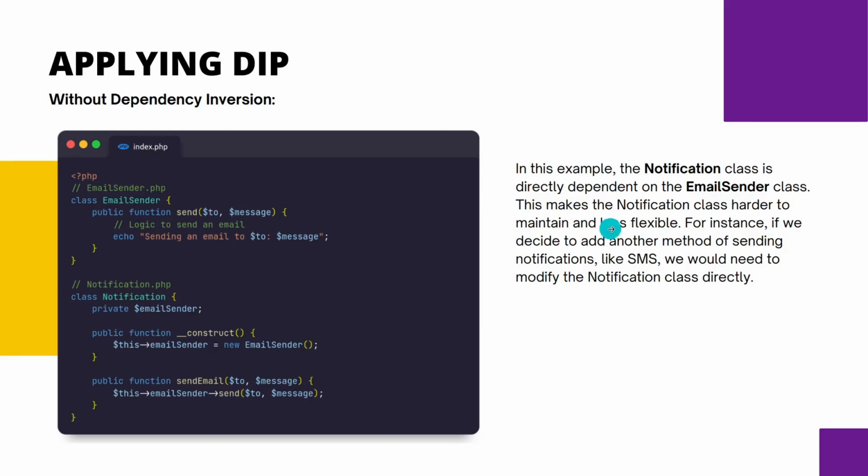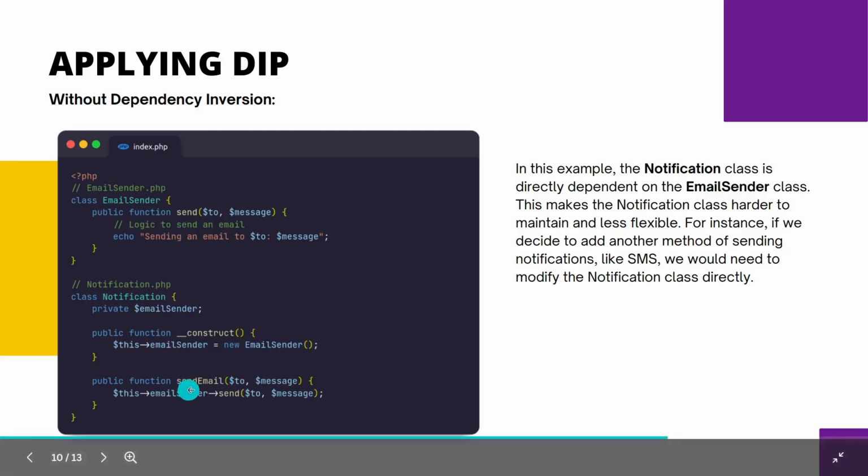So you can see in this code that we have an email sender class that has a send method with the logic to send the message. And we have the notification class that is totally dependent on the email sender. For example, we are instantiating the email sender here in the constructor to use it to send an email.